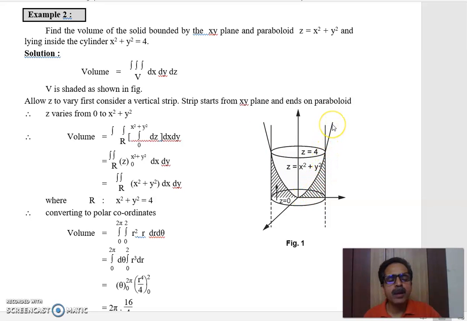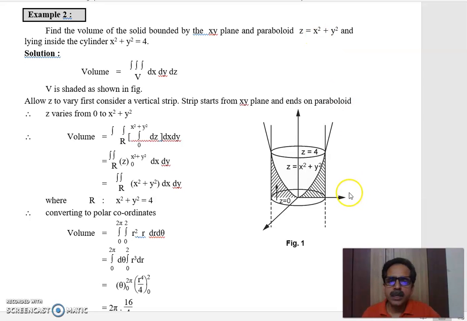When you revolve a parabola about its axis, we get a paraboloid, and this paraboloid has equation z equal x square plus y square. And this is the positive x-axis, this is the positive y-axis, and this is the positive z-axis. So this XOY plane has equation z equals 0.